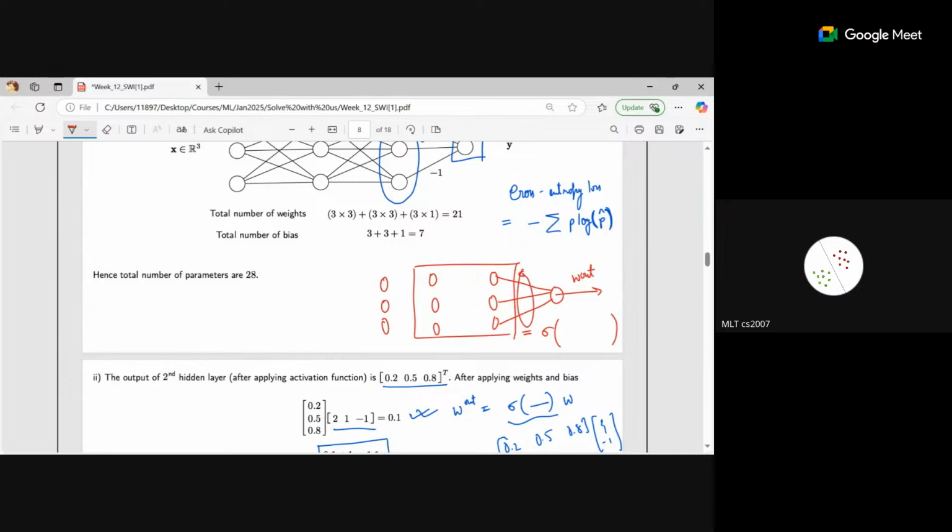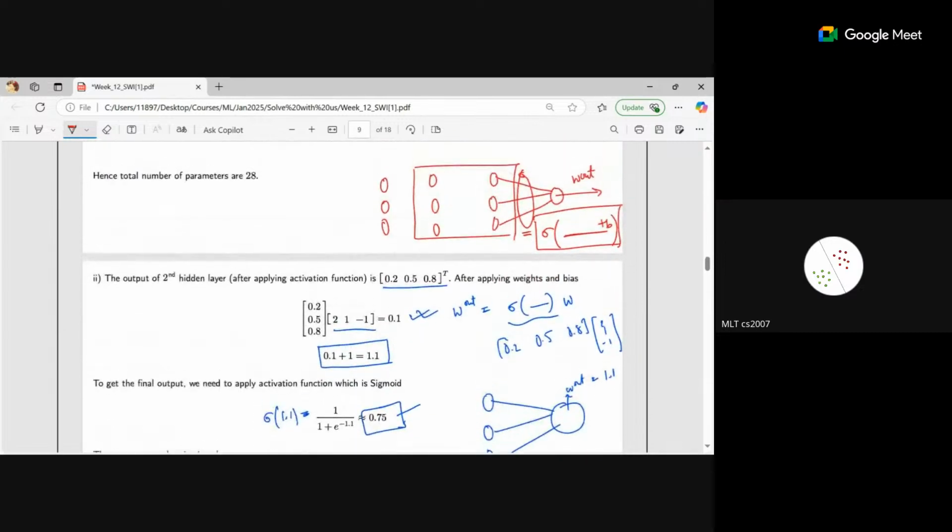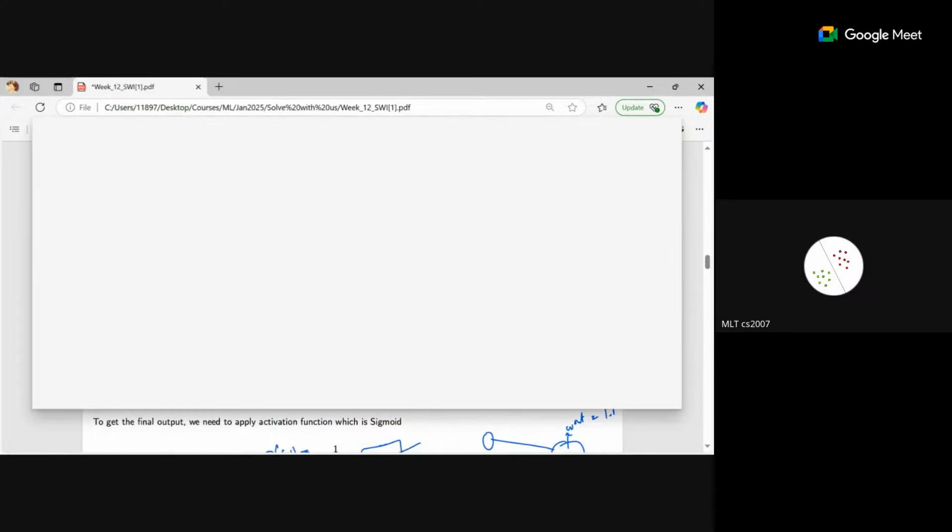So that W we dot applied, x, and basically plus b. So this is the W out that we get, sigma of this. Once we applied the sigma of this, what we got is 0.75. So this is basically my W out.